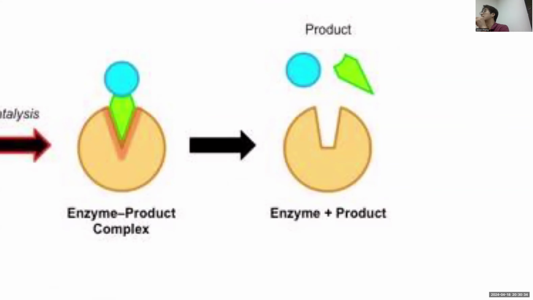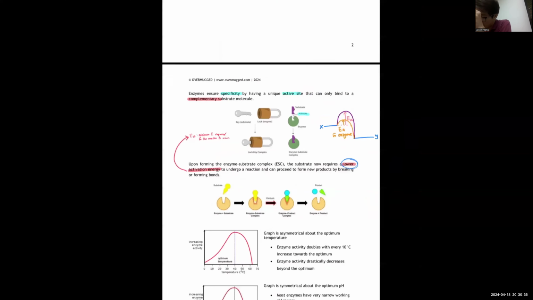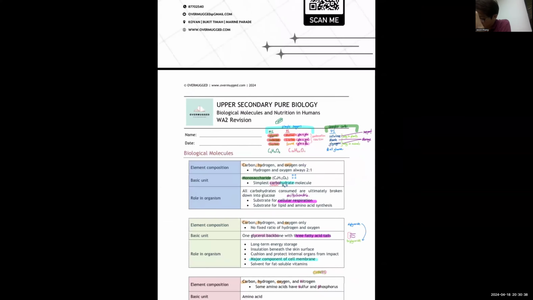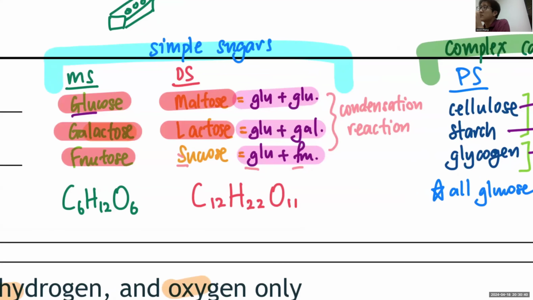Why? Okay, why? What's the name of the enzyme that breaks down maltose? Maltase. Not something new, you all recognize. So if maltose enters a maltase enzyme, what will I have now?